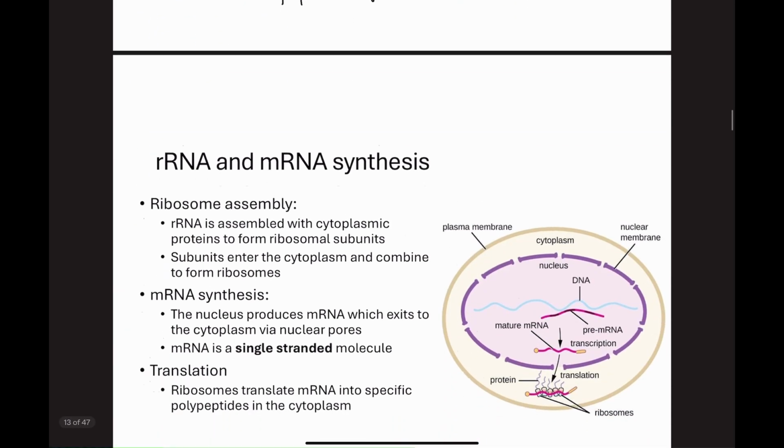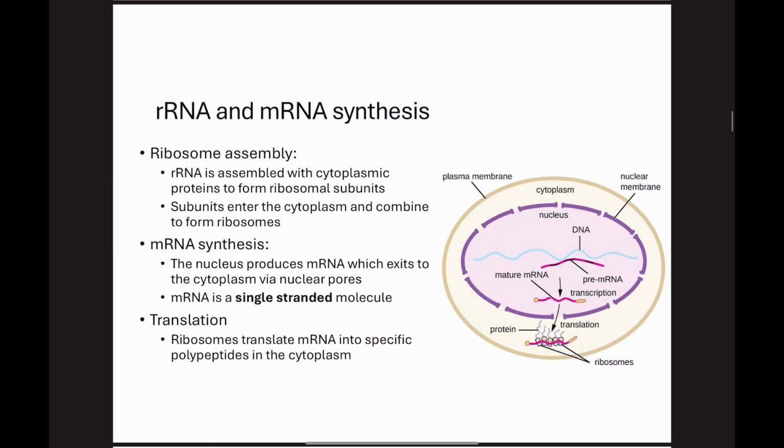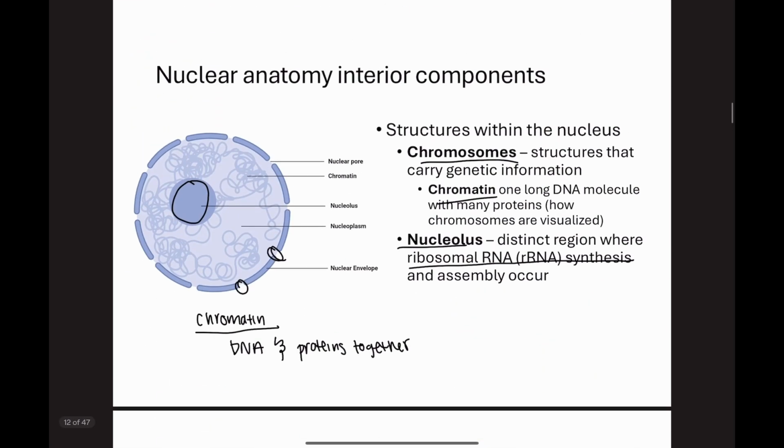So the nucleus plays an extremely important role in synthesizing rRNA and messenger RNA, mRNA. These two kinds of RNA are essential to protein synthesis. We already discussed that rRNA is assembled and synthesized inside of the nucleus. Once our rRNA is formed, it's going to move into the nucleoplasm, which is just this space here inside of the nucleus.